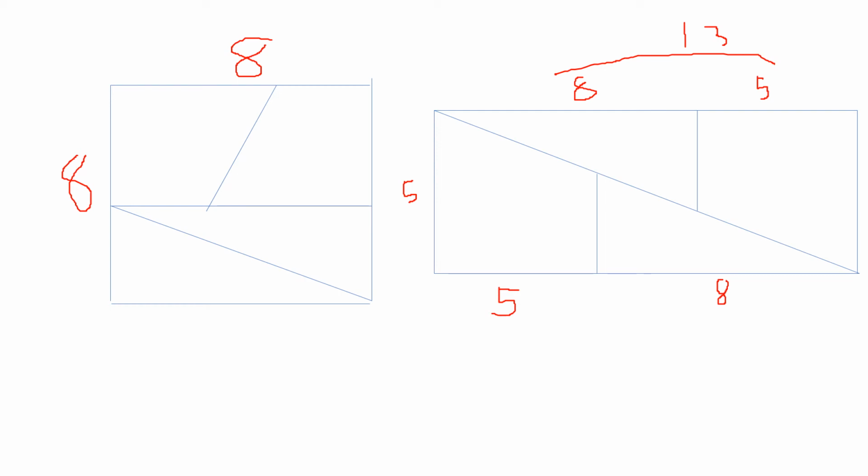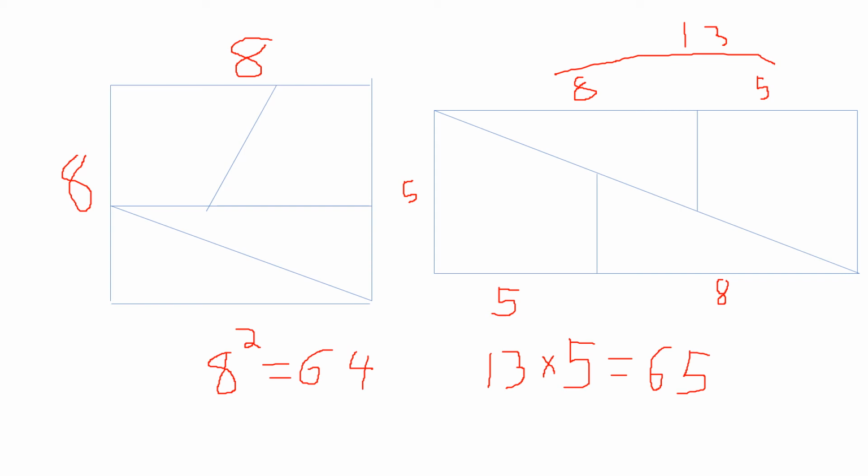So what's the paradox? Why is this thing so interesting? Well, the area of the square will be 8 squared, which is 64. The area of the rectangle on the other side, on the other hand, is 13 times 5, which is 65.